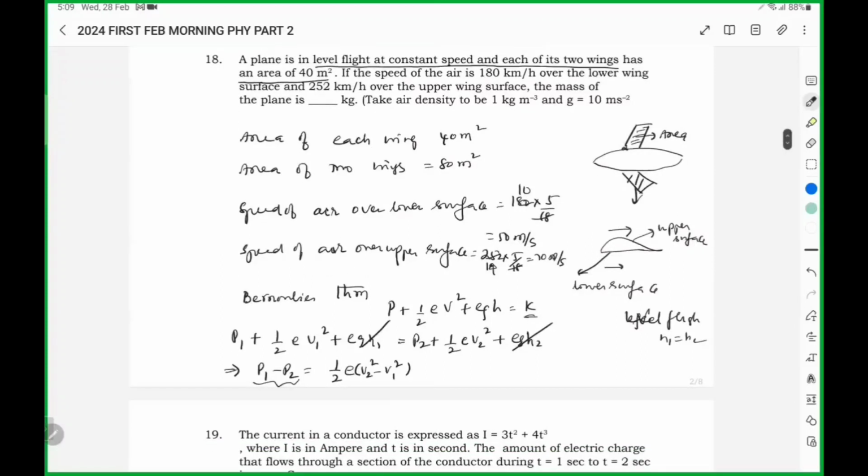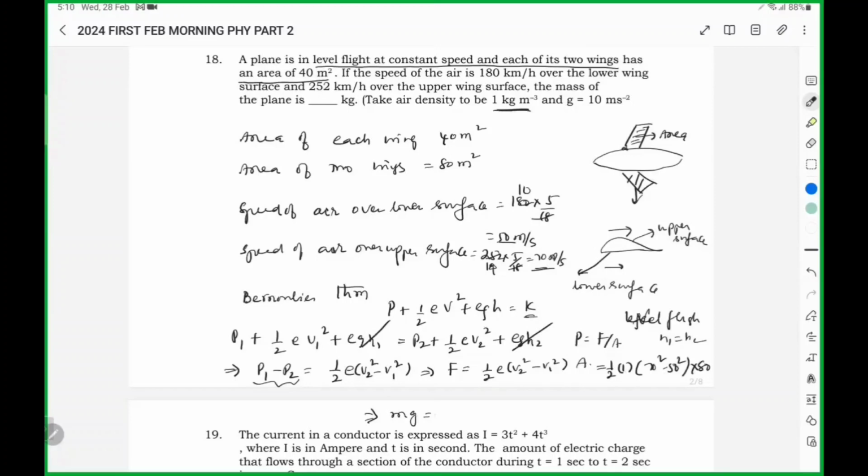For the mass of the plane, pressure is force per unit area, which implies force will be half rho times v2 square minus v1 square into the cross-sectional area. Here the density of air is 1 kg per meter cube, v2 is 70 and v1 is 50. So half into rho into 70 square minus 50 square, and the cross-sectional area is 80, which implies force is mg.